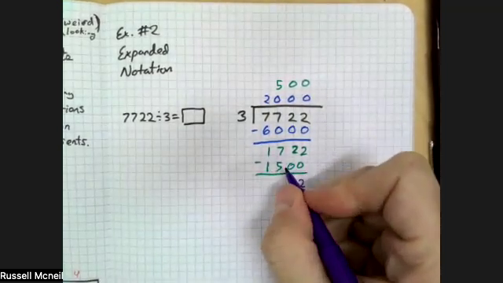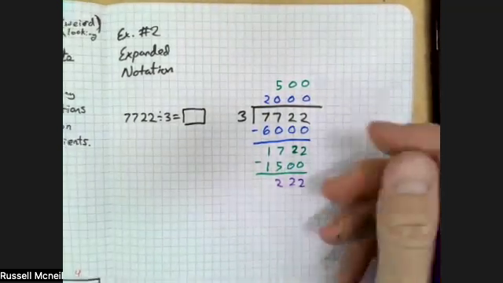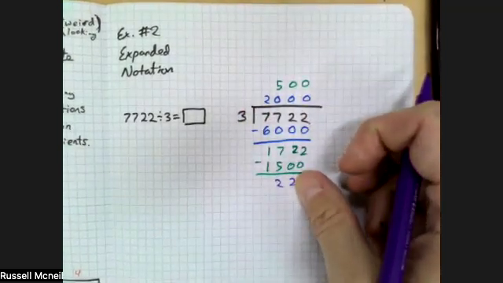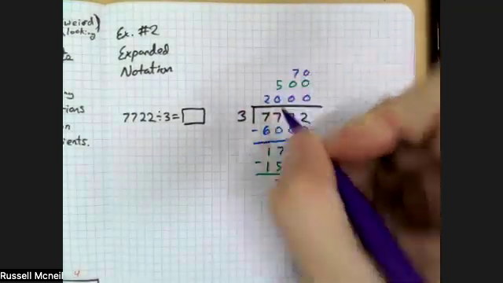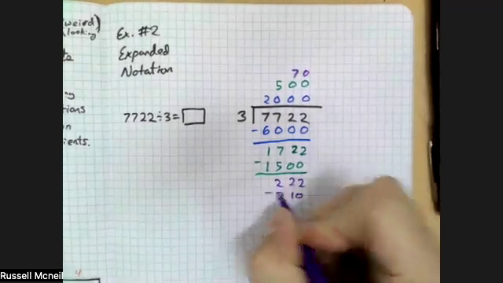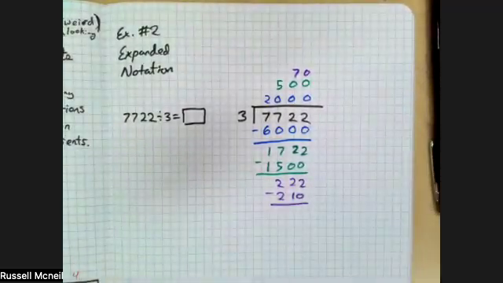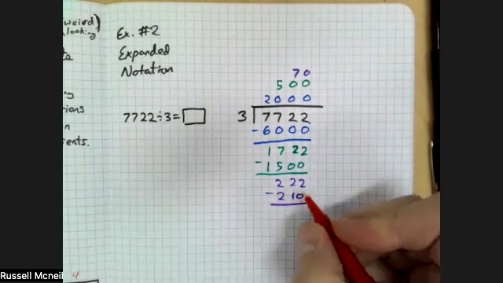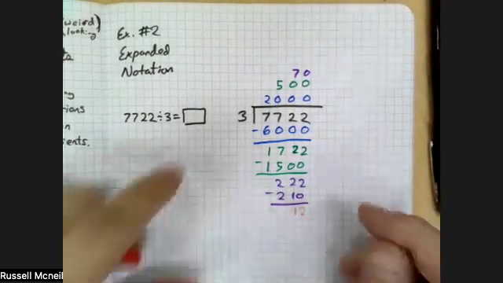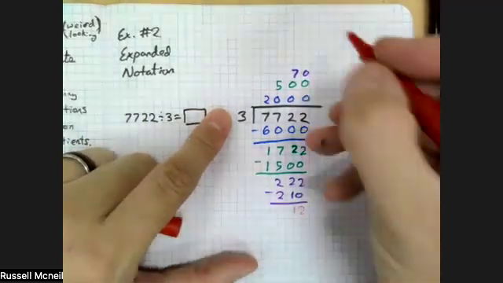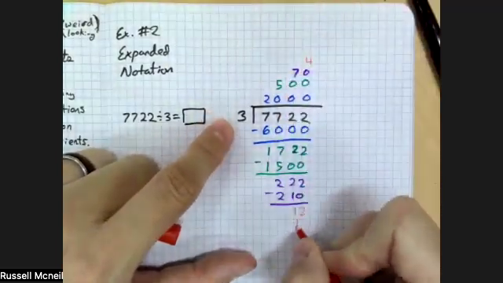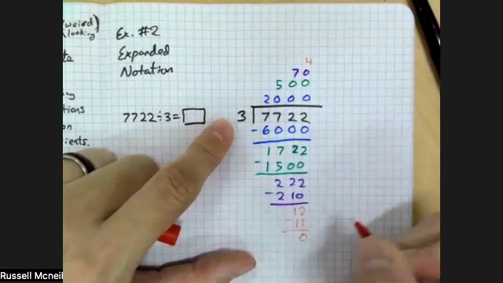We're going to have 2, 2, 2. 3 goes into 22 7 times, so 70. 70 times 3 is 210. Subtract. We're going to end up with that last bit of 12. Ask yourselves, how many times does 3 go into 12? It's 4 times. 4 times 3 is 12. 0 remainder.